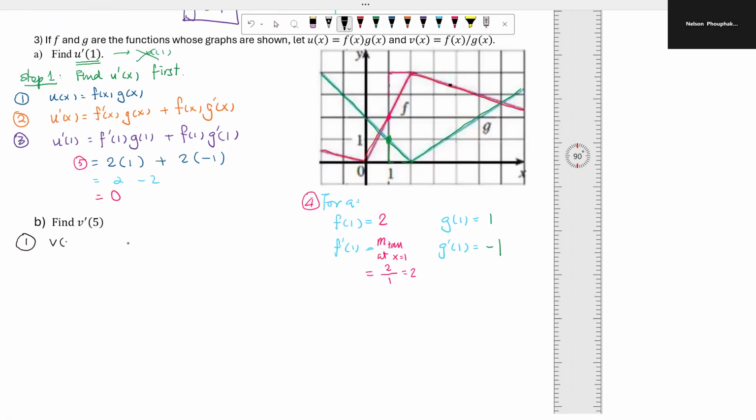So I have v of x is equal to f of x over g of x. Then v prime of x is f prime of x times g of x minus f of x times g prime of x, over g of x squared.